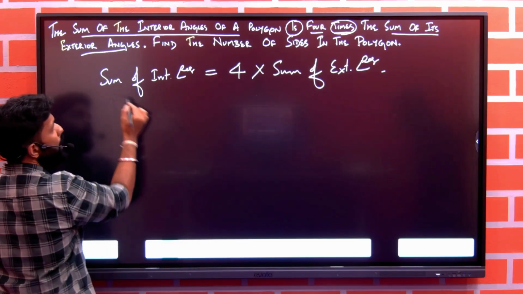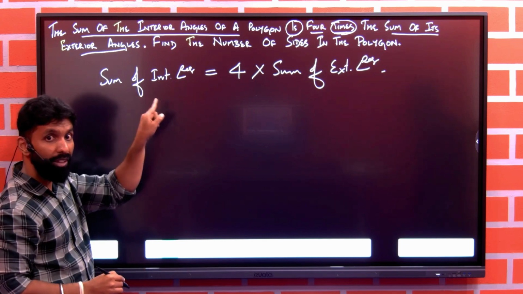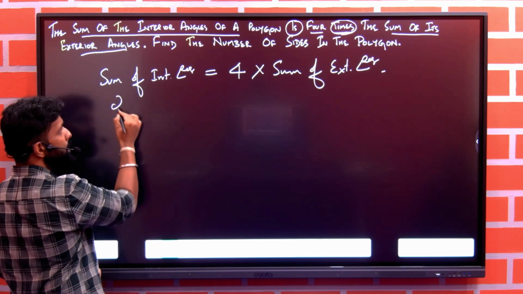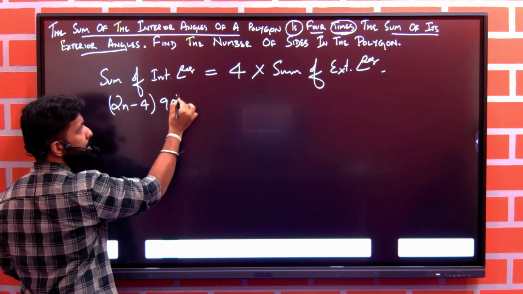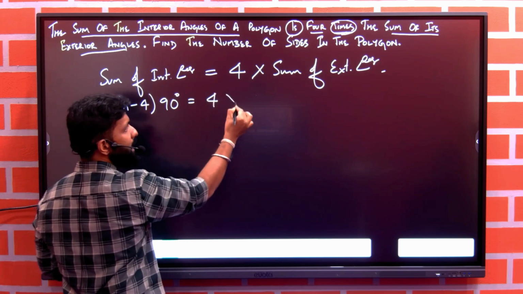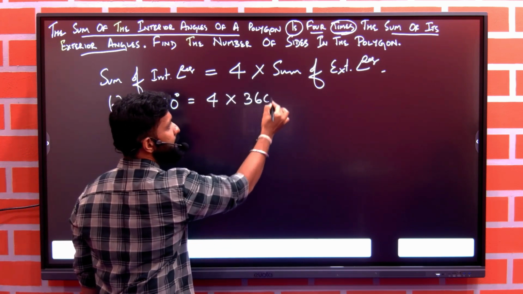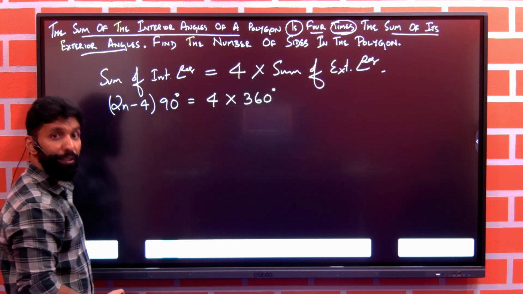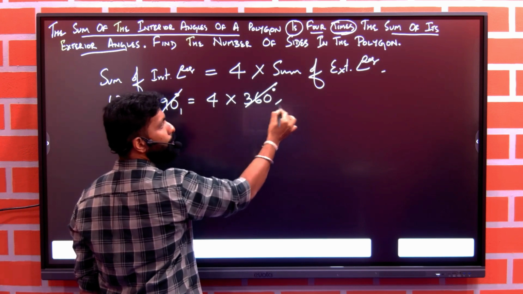So I just converted the English statement into a mathematical equation, right? Now, we have learnt a formula, right? So sum of interior angles, I hope you remember, (2n minus 4) into 90 degrees is equal to 4 times sum of exterior angles, just 360 degrees, right? Now, if I try to solve this, 90 once, 90 4 times.